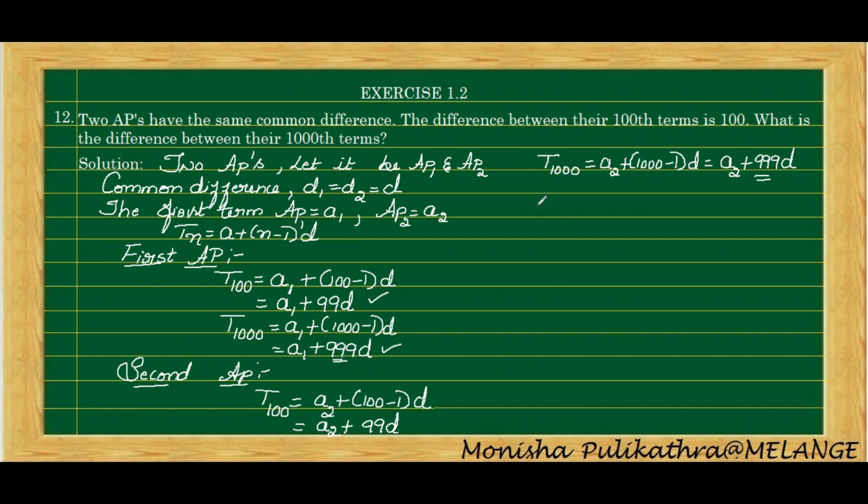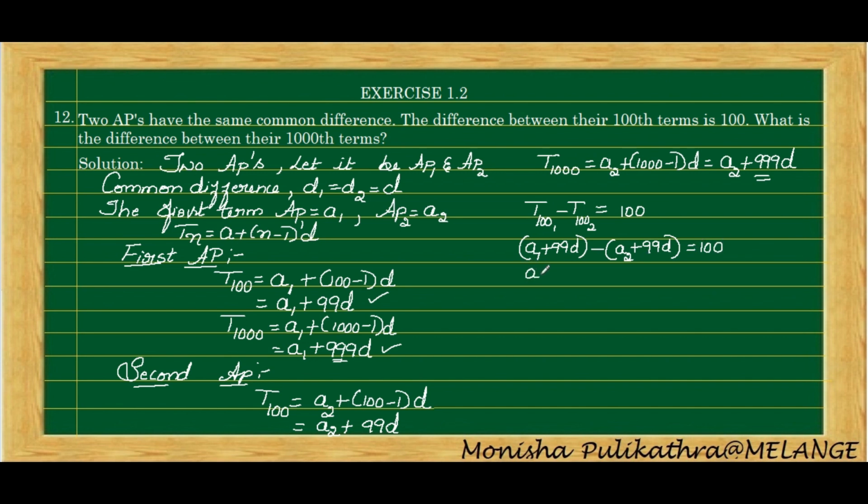So next, the question is the difference between the 100th terms of AP1 and AP2. The difference between the 100th term of both the APs is equal to 100, right? See here the question: the difference between their 100th term is 100. So T100 is equal to A1 plus 99D for the first AP minus, for the second AP, A2 plus 99D, which is equal to 100, right?